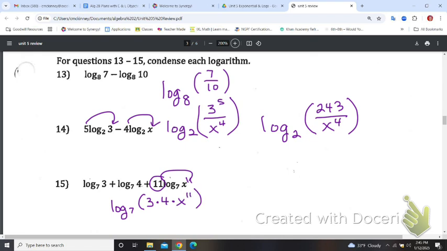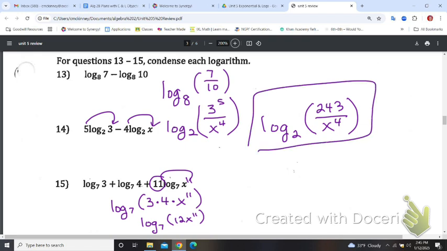And then I can kind of tidy that up a little bit, like by multiplying 3 and 4, so 12x to the 11th, like that. Final answer.